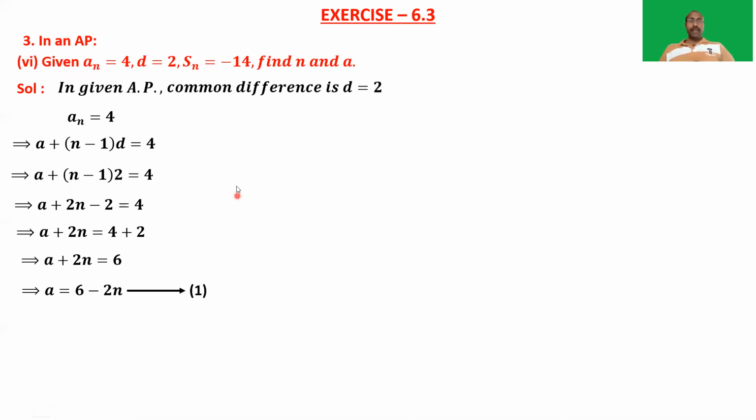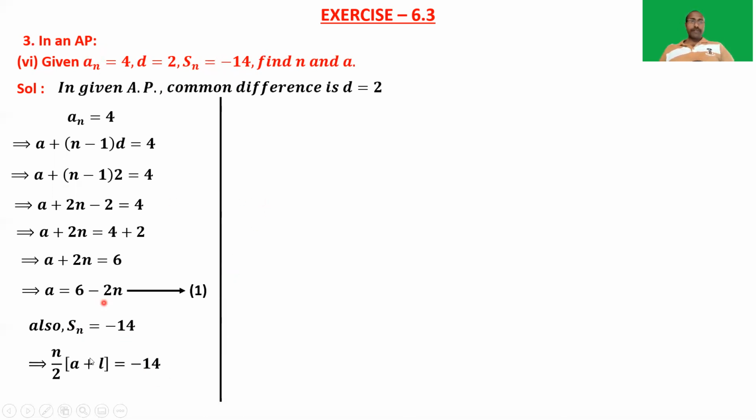And it is also given that Sn is equal to minus 14. That is sum of n terms. So as we know the last term, an, we can take formula for Sn as n by 2 into a plus l. So n by 2 into a plus l is equal to minus 14.